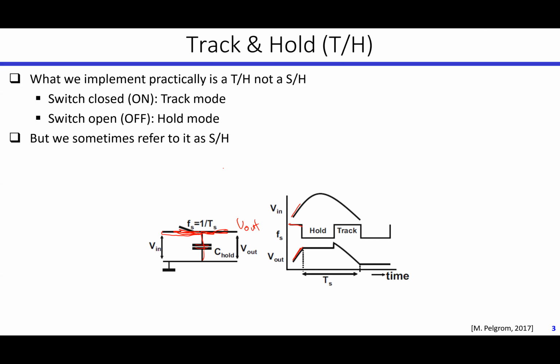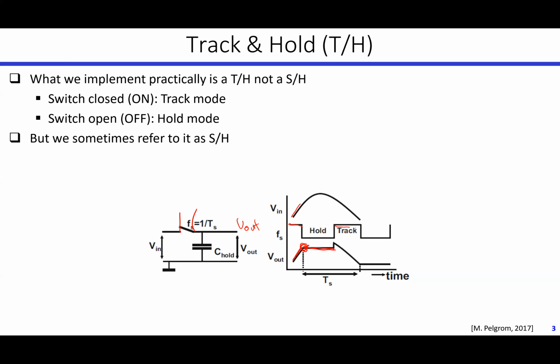Now, when the clock becomes low, this switch is open, and we are in hold mode. We expect the capacitor to hold the last sample it captured from Vin and keep it until the next time the clock becomes high.